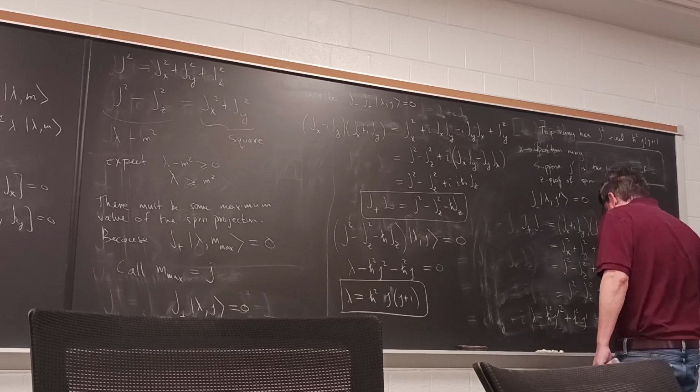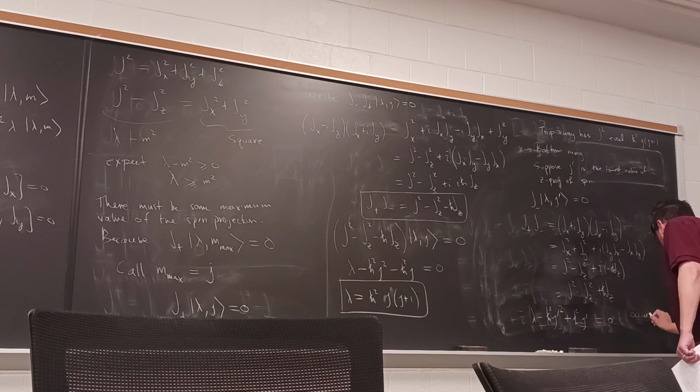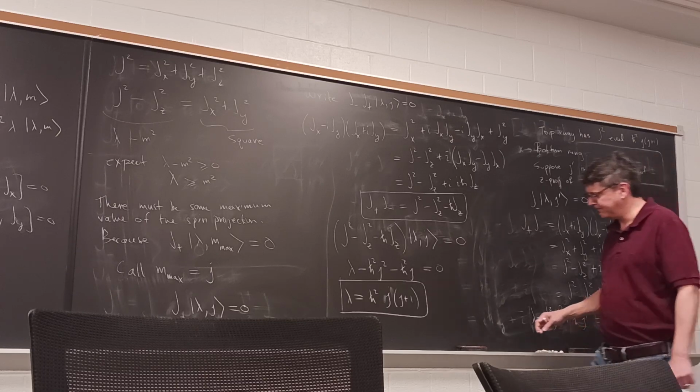And that has to be equal to 0. And so this occurs when J prime is equal to minus j, where j is the maximum, okay? So the minimum rung here is minus j.